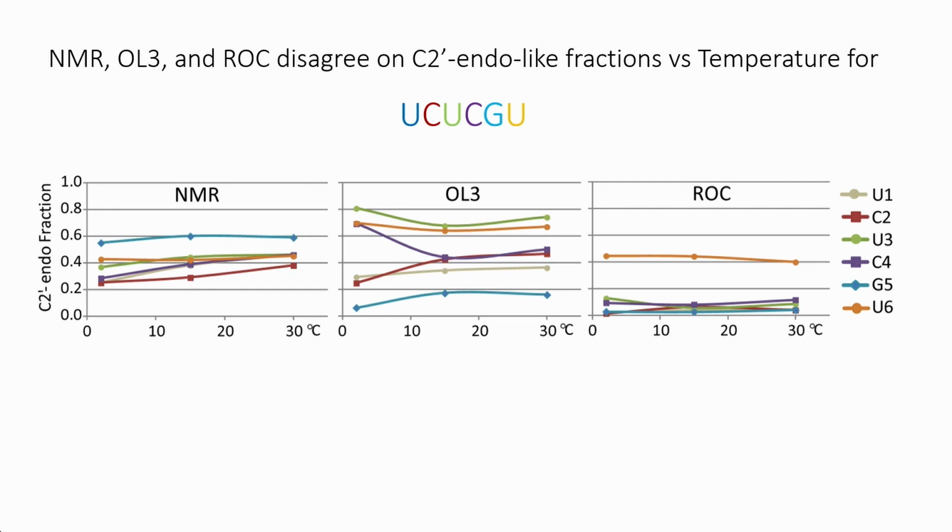And so this slide shows on the y-axis the fraction of C2' endo by either NMR or by the force fields, OL3 or ROC, versus temperature. So the experiments have been done and the simulations have been done at 2 degrees, 15 degrees, and 30 degrees. And no two agree. So that was kind of a disappointment.